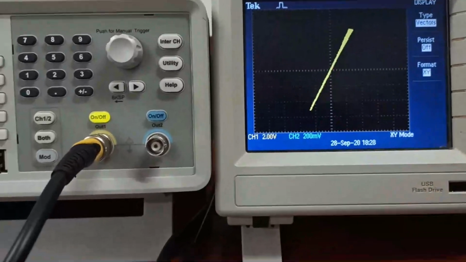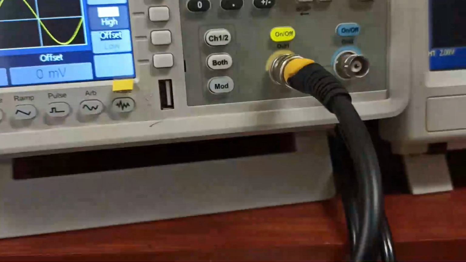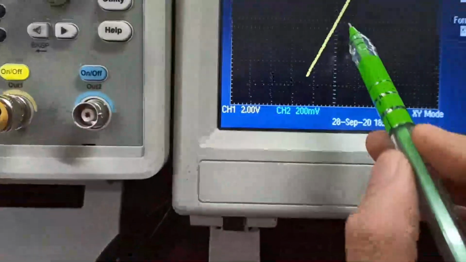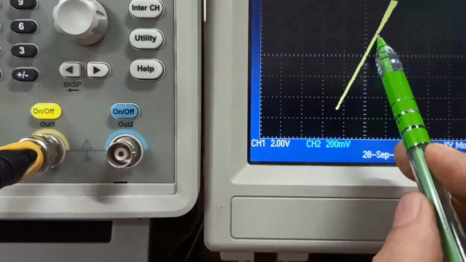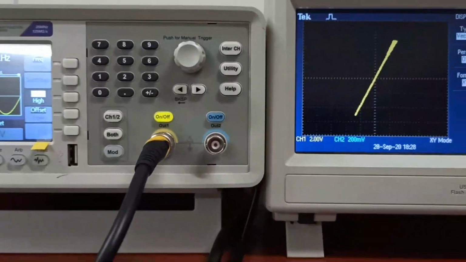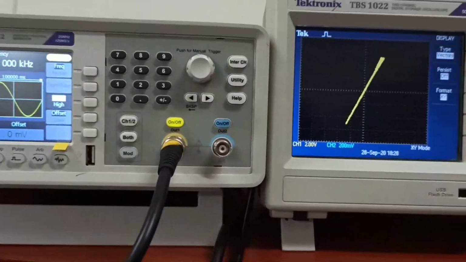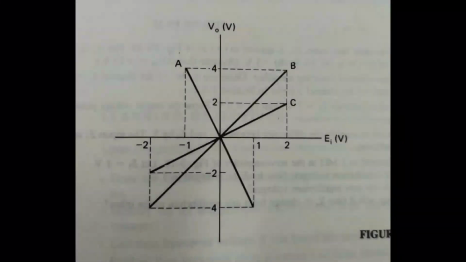See this, if this is the input, I will show you. If this is the input, this is the output. So it is not inverted. Okay. So you will get an input output characteristic like this one for a non-inverting amplifier. Okay, remember.